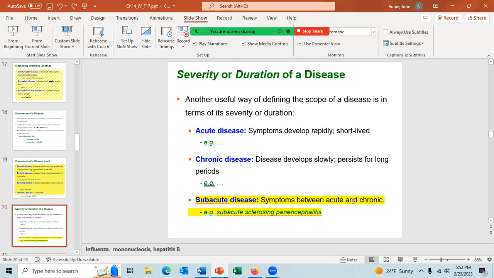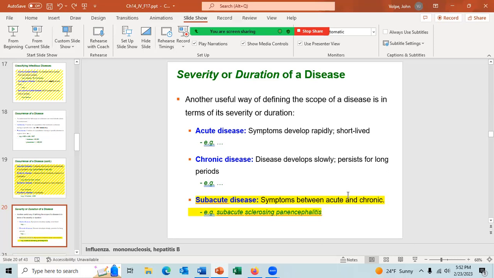A chronic disease is a disease that develops slowly, persists for long periods of time, and generally gets worse over time. It doesn't mean the patient may not start getting better. I'm just saying that usually with time, the disease starts slowly and then gets worse with time. That's a chronic disease.